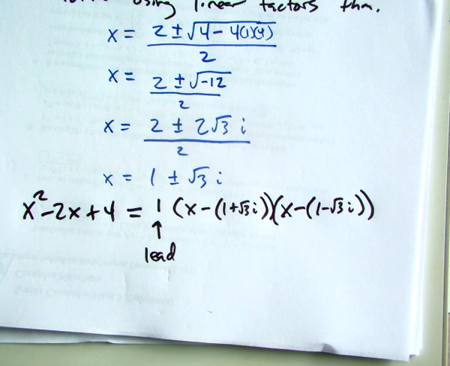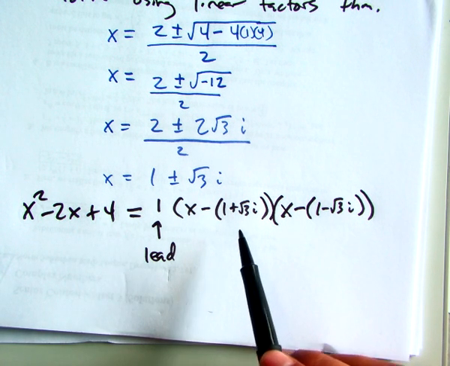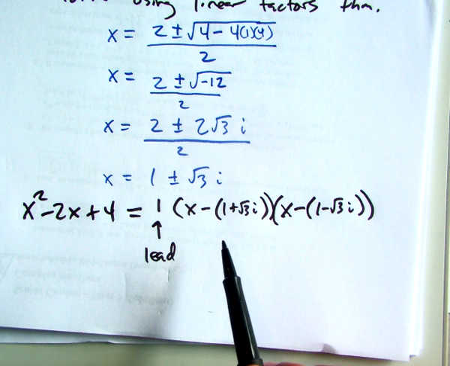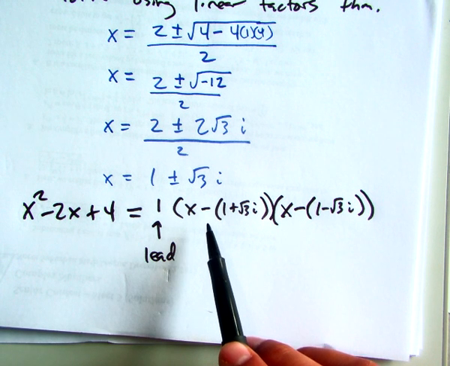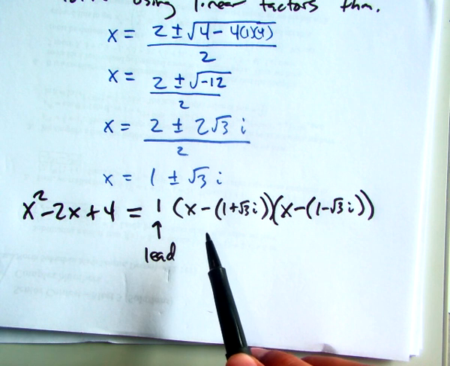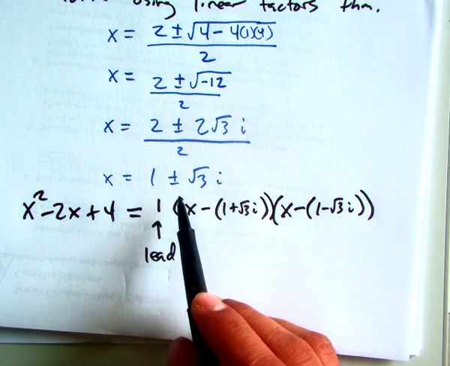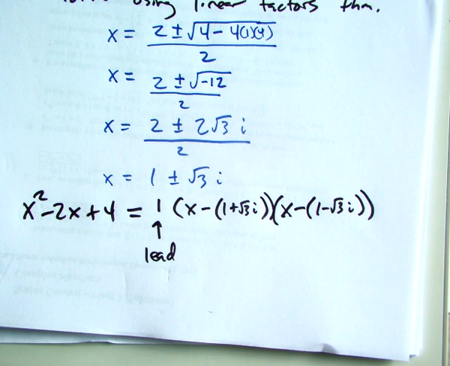So as long as you know the roots, for example, if the roots were 6 and 7, how would we write it? x minus 6, x minus 7. If the roots are a little funky looking like these, just do x minus, put parentheses around it, write in the root, and do the same thing with the other one.